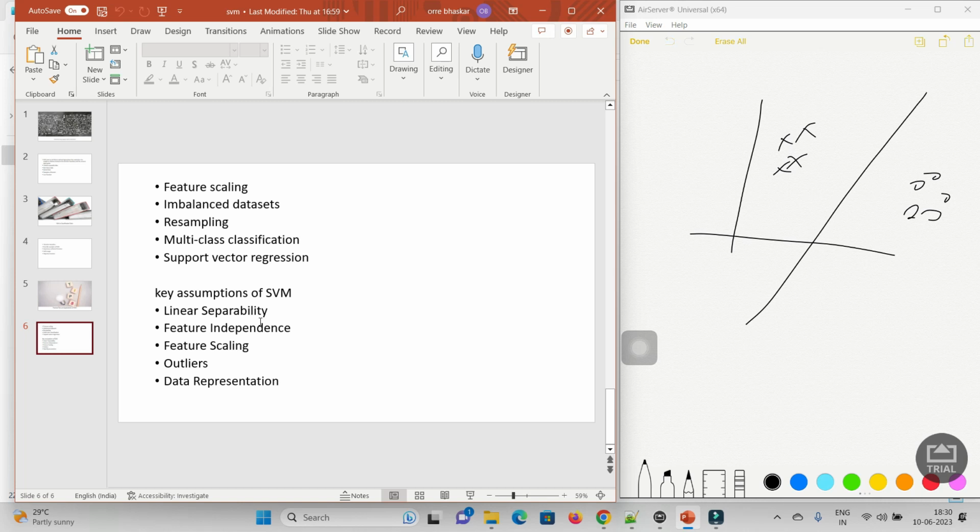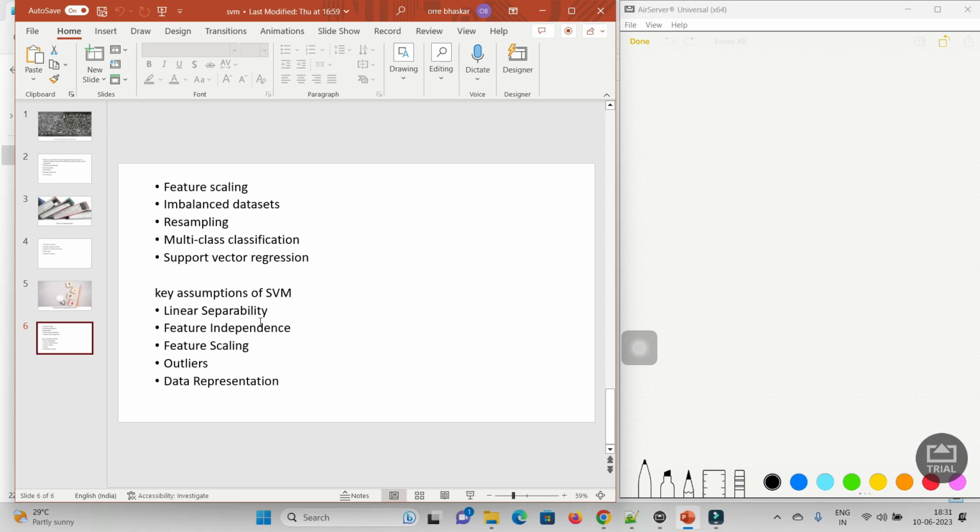If there is a data point here, then our hyperplane will change if it's a hard margin. It will change from here to something like this. That means this will be our new hyperplane.